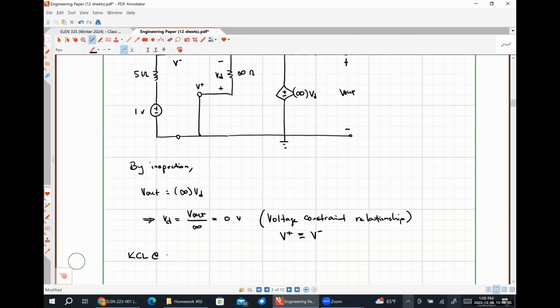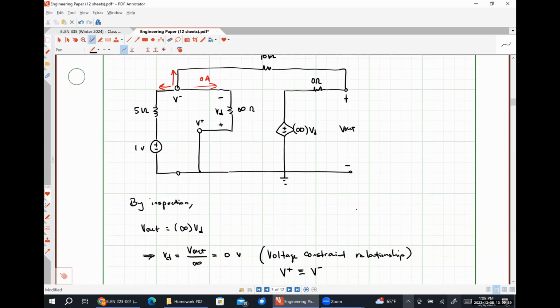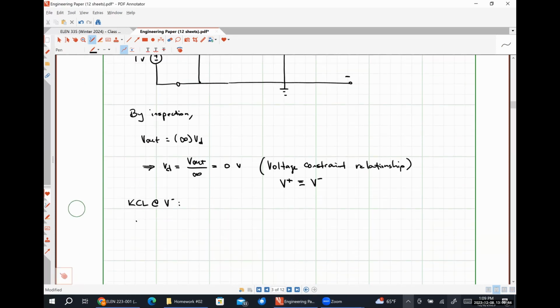we wind up getting KCL at V minus as V minus minus 1 volt divided by 5 kilo ohms, plus V minus minus V out over 10 kilo ohms is equal to 0.